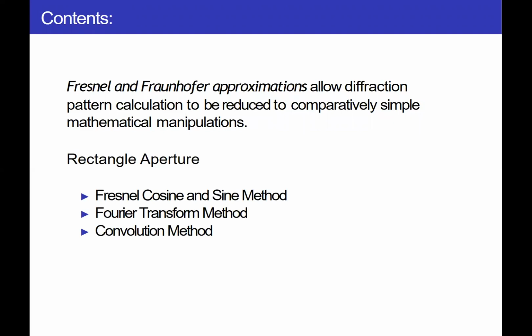For the two-dimensional case, we are going to talk about rectangular aperture. For the one-dimensional case, we are going to talk about slit. And then we are going to briefly review Fresnel cosine and sine method first. And then we are going to talk about Fourier transform method and the convolution method. And of course, we are going to discuss some other methods as well, but we will follow these contents.